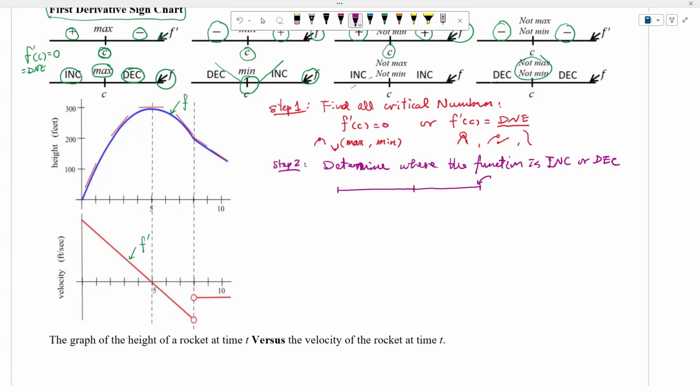To the function f, if it is increasing and then decreasing, then to f prime, increasing will be positive, decreasing will be negative. And of course, this point right here is my critical number.